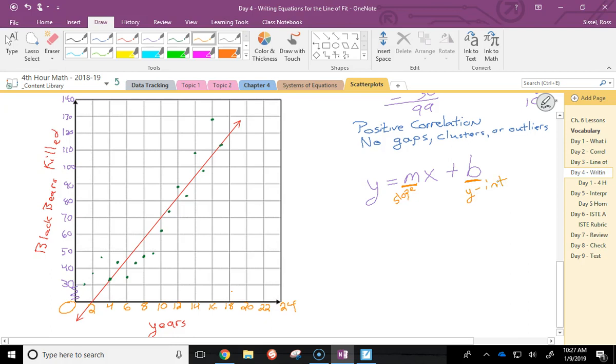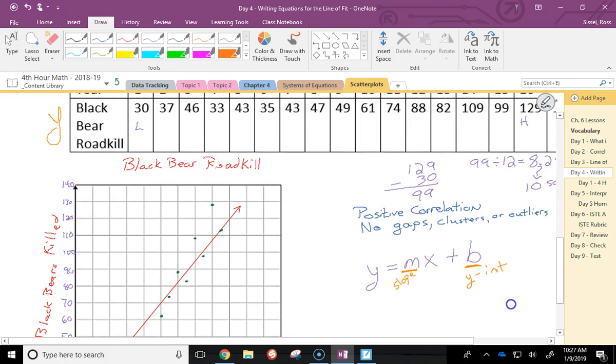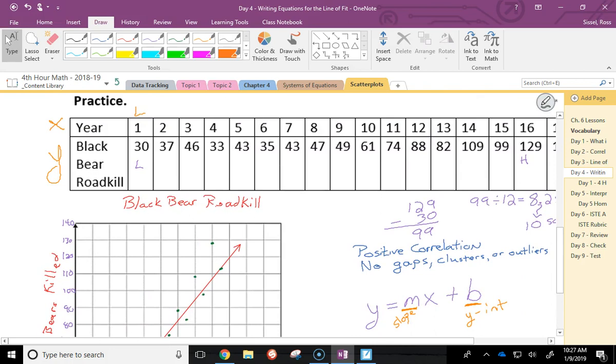I'm going to give you a hint. We probably should have done one like this. But if we look at this, our y-intercept is going to be one that we will estimate on today's assignments. We're going to look at our line and say, okay, where does it cross our y-axis? And where do we guess it would be? If we look at ours, we also have to use a little common sense. Look at our data.